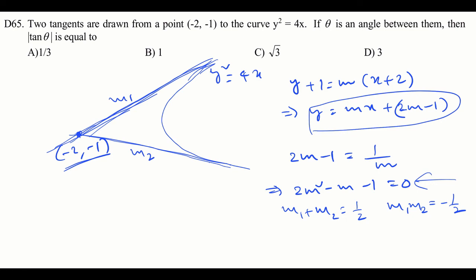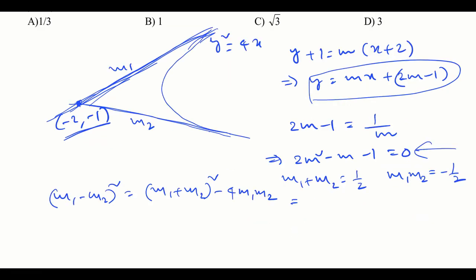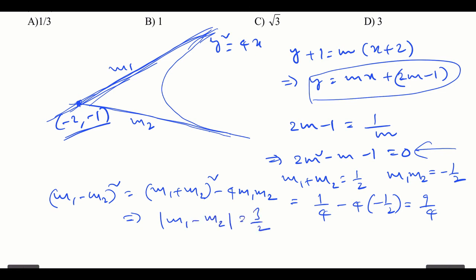And so I can write m1 minus m2 whole square is equal to m1 plus m2 whole square minus 4 m1 m2. So what am I getting this as? 1 by 4 minus 4 into minus 1 by 2. So I am having it as 9 by 4. Therefore mod of m1 minus m2 is equal to 3 by 2.